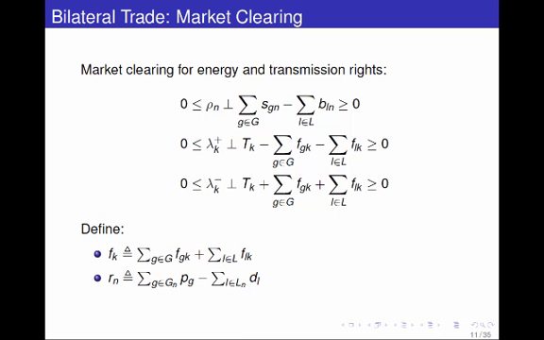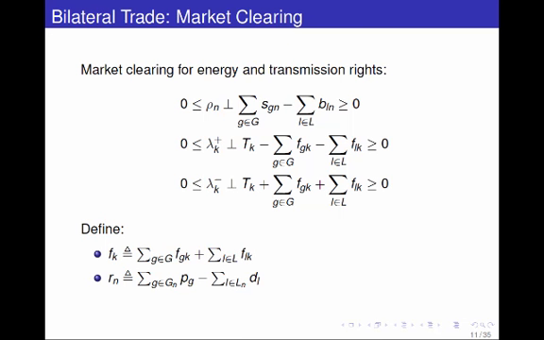There will be generators asking for them, and there will be loads asking for them. And this price will adjust itself so that the total request is equal to the limit, or if the request is less than the limit, the price must be zero. Okay, same for the opposite direction.